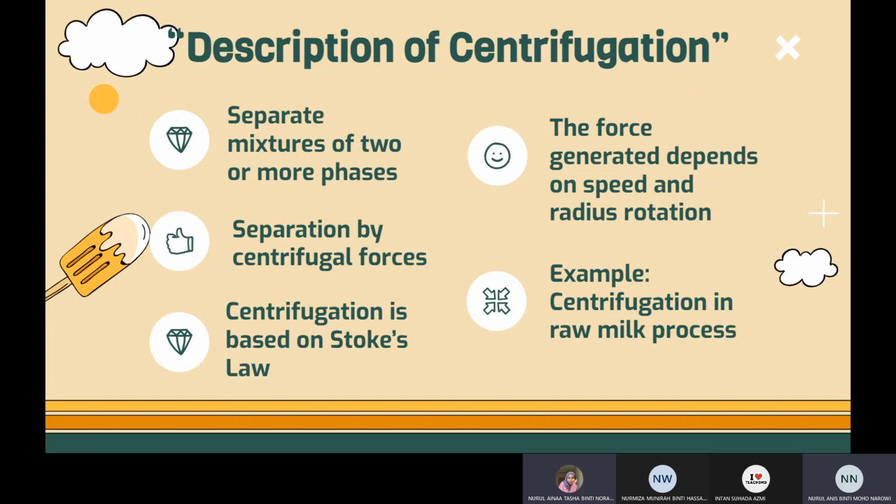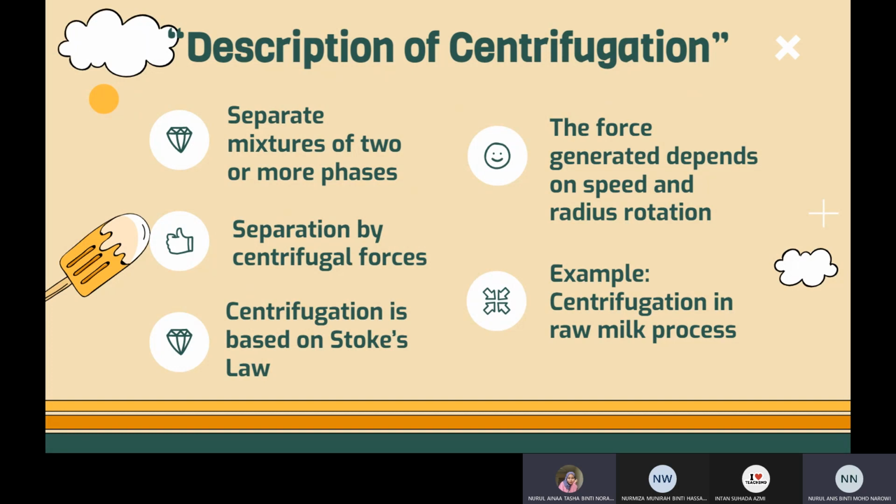Lastly, one of the examples that we chose is centrifugation in the raw milk process. In this process, the continuous phase is skim milk. The fat phase is a discontinuous phase made up of fat globules with a few microorganisms, and the third phase is made up of solid particles, hairs, and other cells.